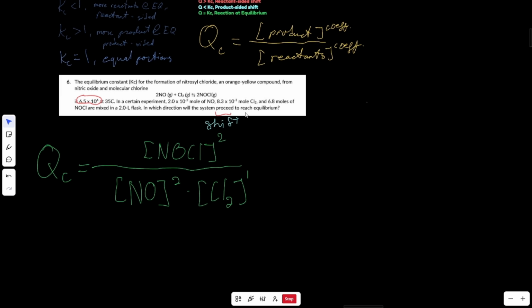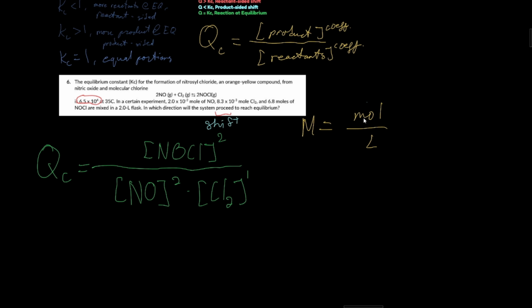And we're given moles and volume. Now, how do we get molarity from here? Well, molarity is just equal to moles per volume, right? So now we can just go about our computation by using the given and using this formula.